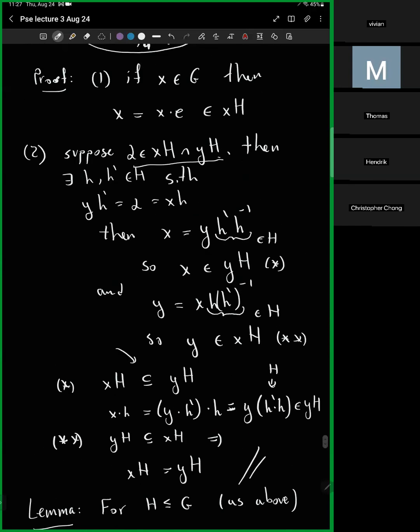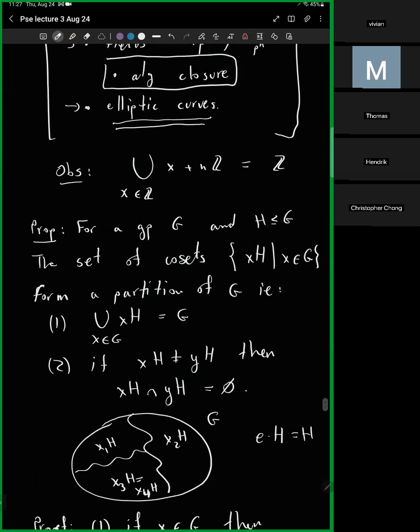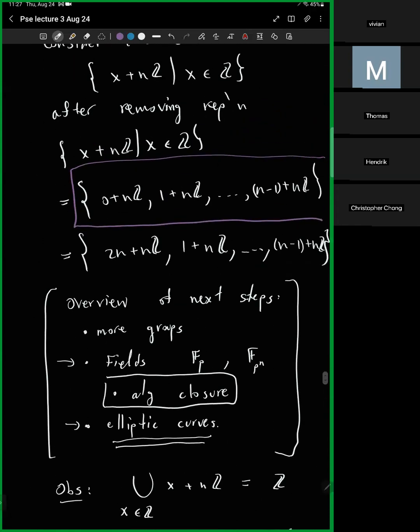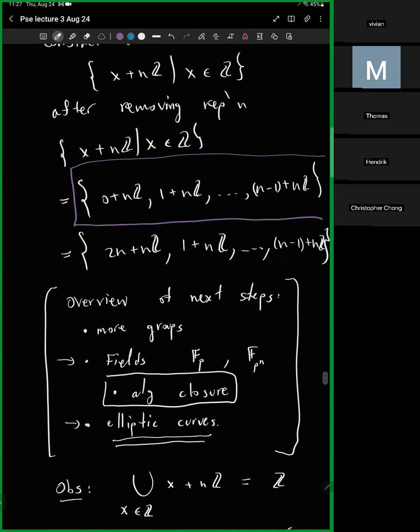We saw that in this example, the two cosets, for example, 1 plus nZ was equal to n plus 1 plus nZ. But what is the general criteria? This example of integers modulo n is maybe too simplistic. We don't know.